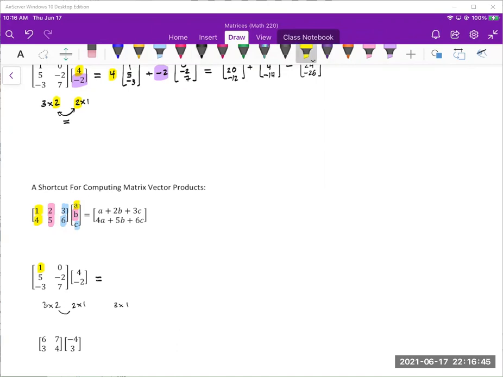We're going to take 1 times 4, plus 0 times -2 to get our first entry. So this is 1 times 4 plus 0 times -2. Okay. Then we're going to do 5 times 4 plus -2 times -2.